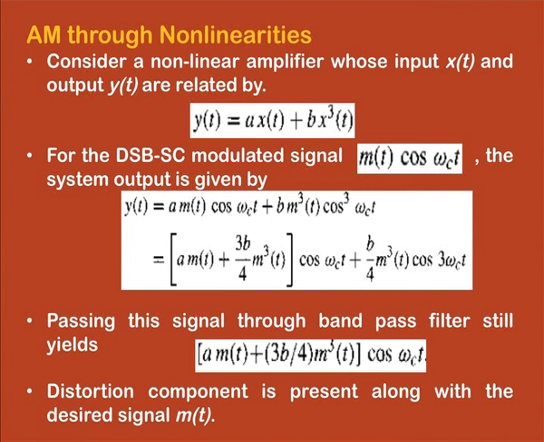What we see here is that even if we want to extract the information signal corresponding to m(t), we will get a signal distortion also.